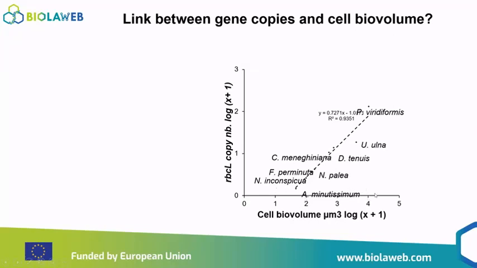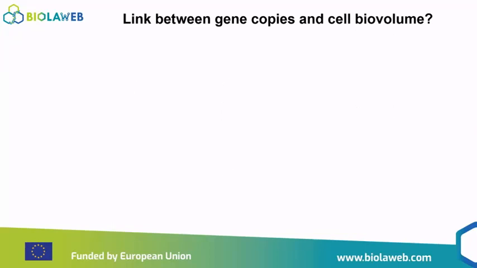This is a logarithmic scale. On the vertical axis, you have the number of copies of RBCL per cell. You can see that there is a nice correlation between the cell biovolume and the number of copies per cell, and it's a log correlation.